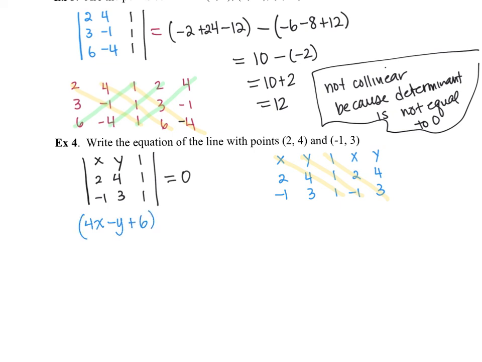Okay, now if I start on the bottom left and do those diagonals, this one, this one, this one. -4 plus 3x plus 2y, and that should equal 0 for this to be a line. Okay, and then you just need to convert it to some kind of simplified standard form.